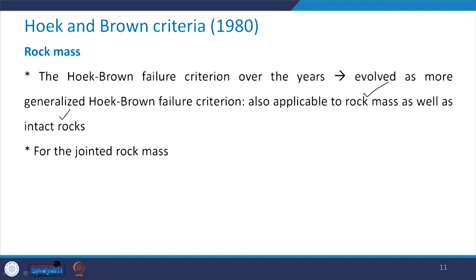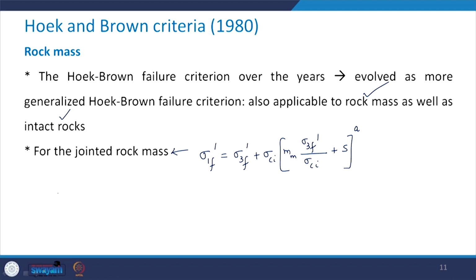For the jointed rock mass, this is how the expression is written: sigma 1f prime is equal to sigma 3f prime plus sigma Ci times (m_b sigma 3f prime divided by sigma Ci plus s) to the power a.